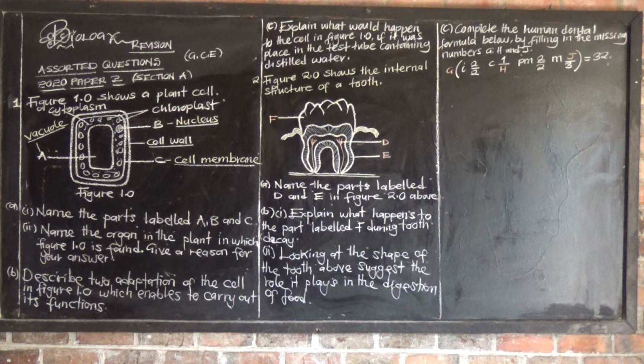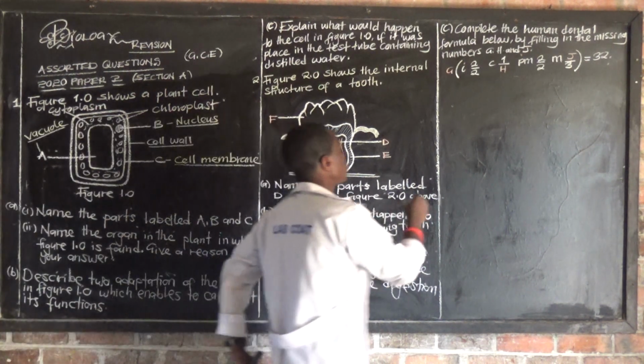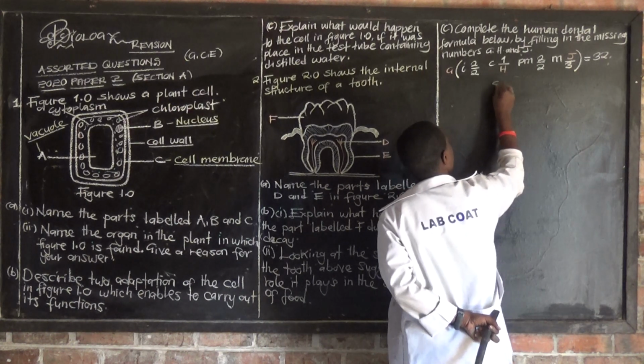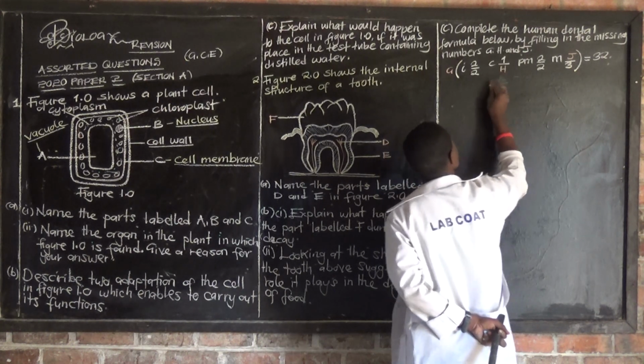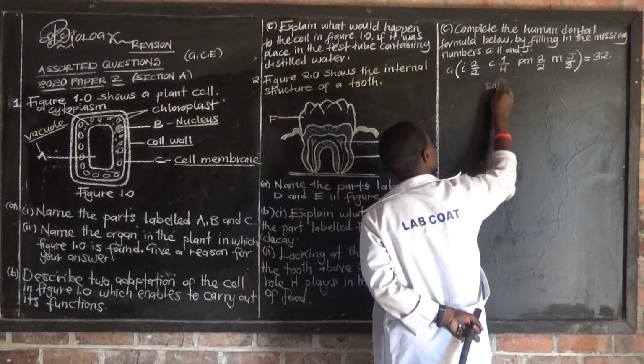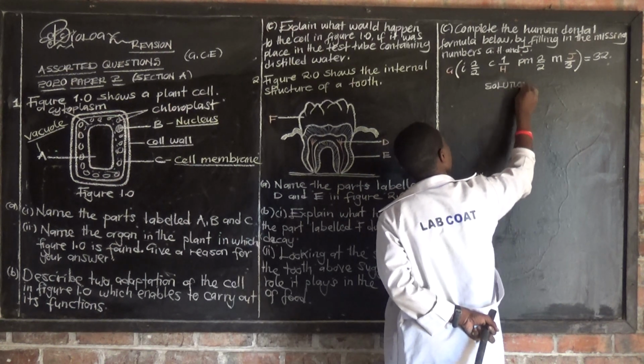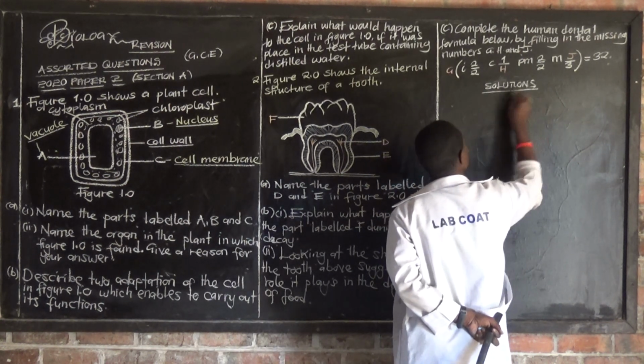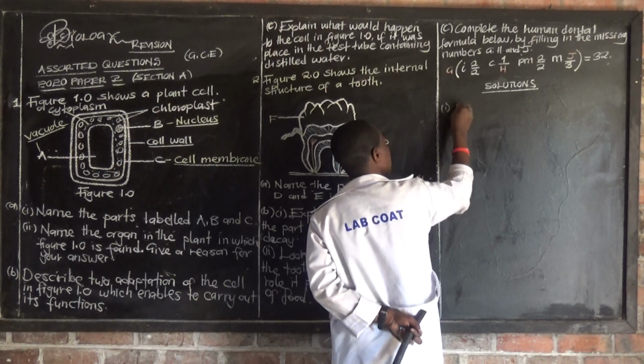Okay. So now let us look at question Roman numeral 1 of A. It says, name the parts labeled A, B, C, and D. So, Roman numeral 1. What is our A, guys?